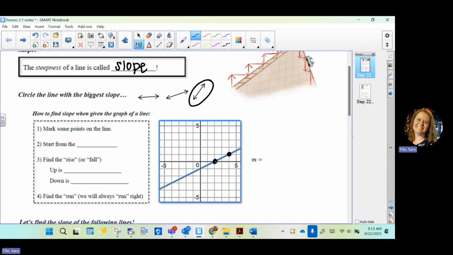Now, I always recommend you start from the left. We read a graph just like we read a book, left to right. Now you start with your leftmost point that you picked, and then you're going to count your rise or fall. Up is a rise, down is a fall.